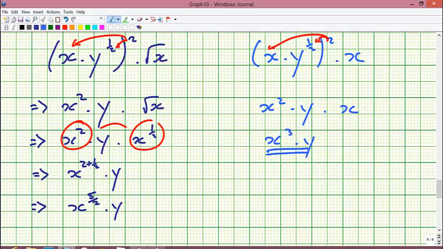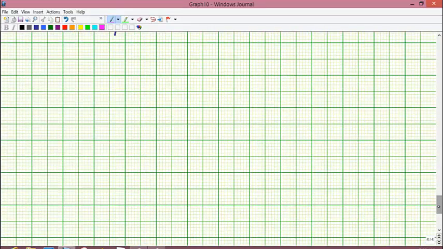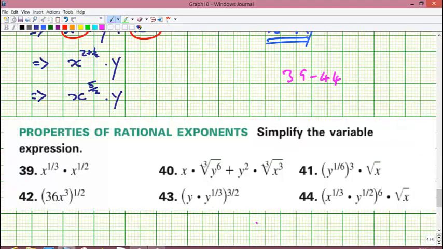And there we have our solution. Okay. So the section we're going to be looking at here is 39 through 44. And there it is.